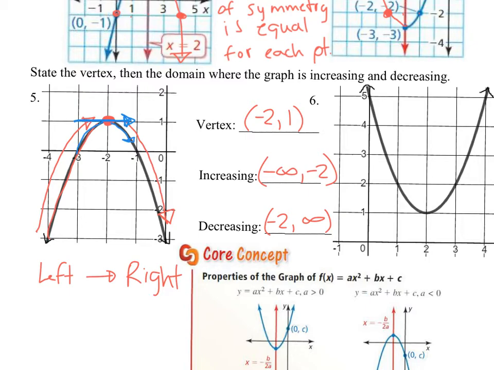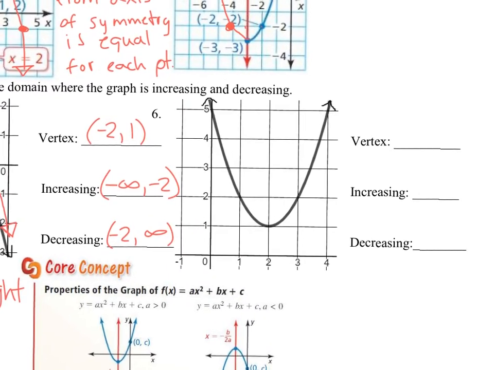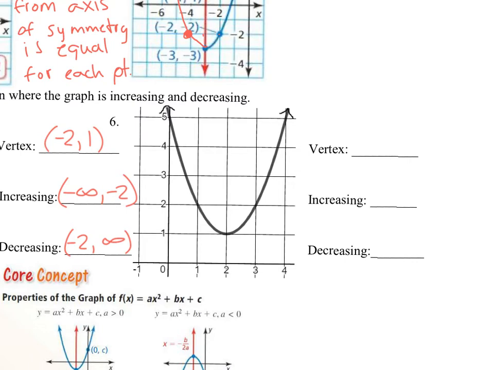Now with number 5, if it was a little iffy on whether or not you understood it, let's look at number 6, okay? Let's see if this might help. So once again, taking a look at this, find your vertex. Vertex is right here at 2, 1. Now read it from left to right. So left, you'll notice that as we trace along, we're going down at this point in time. But the minute we hit the vertex, we spin back around and we start going up.